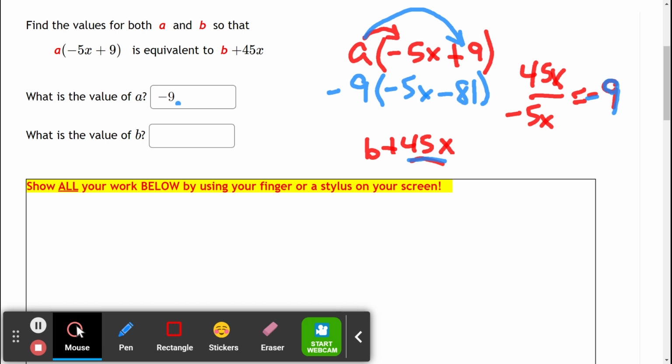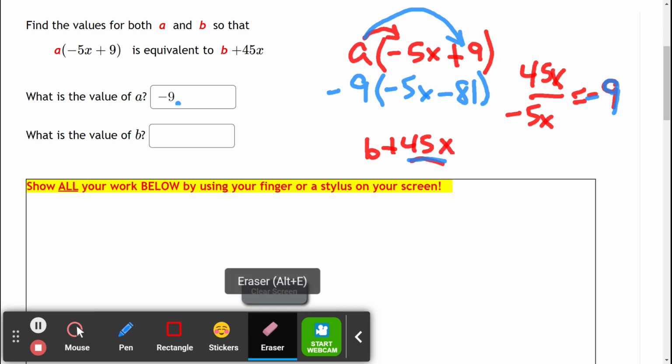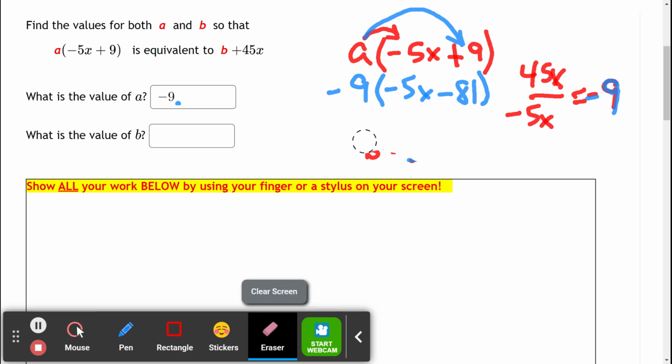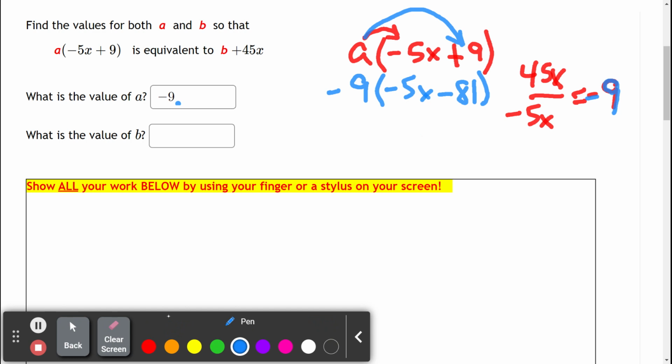So what I'm going to do is erase some stuff. The explanation is taking a little while, I understand. But if I were to actually distribute this, I would have negative 9 times negative 5, which is positive 45x.